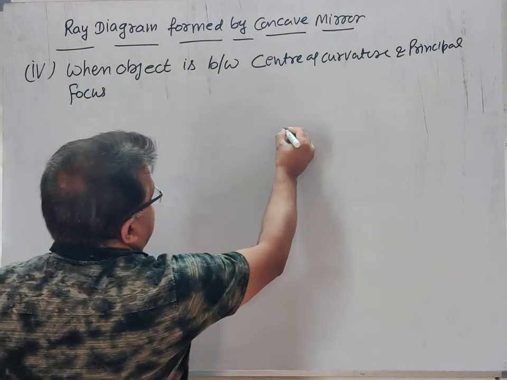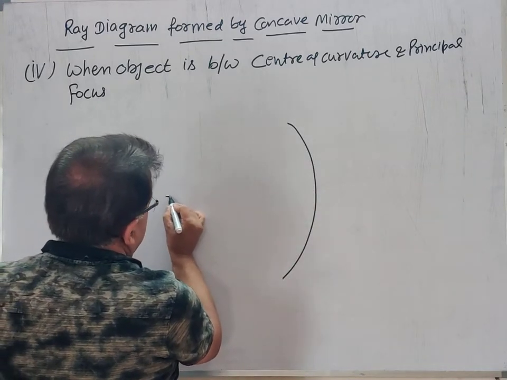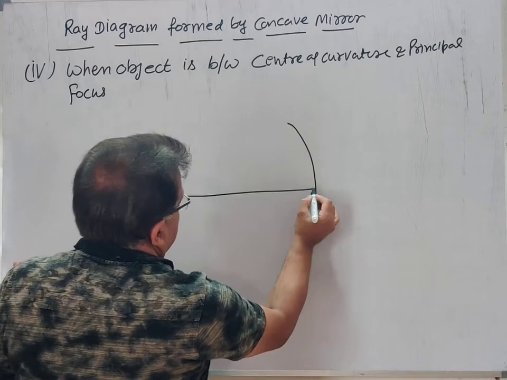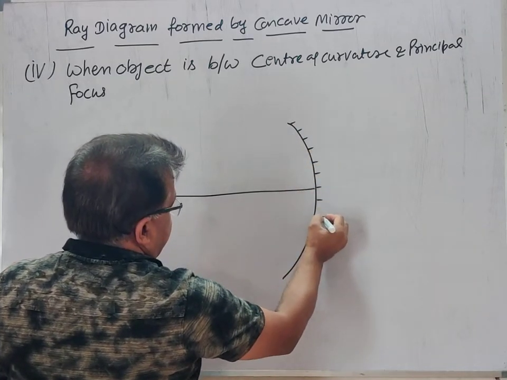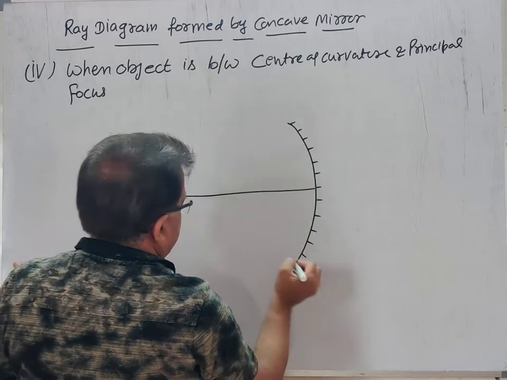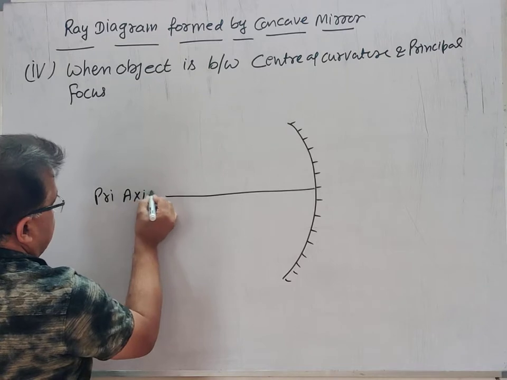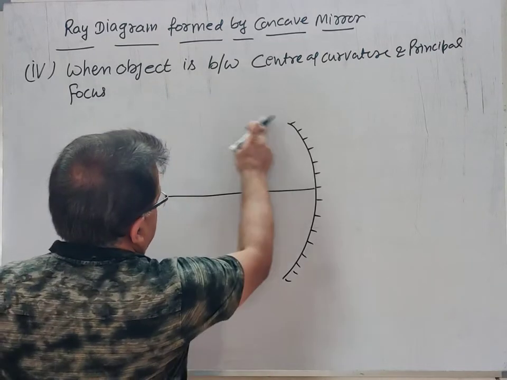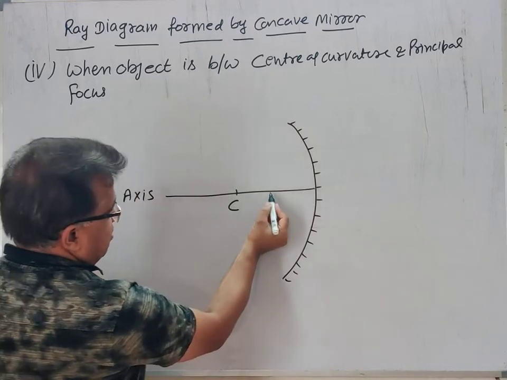Now, it is a concave mirror, it is the principal axis, and approximately here will be C, the center of curvature.